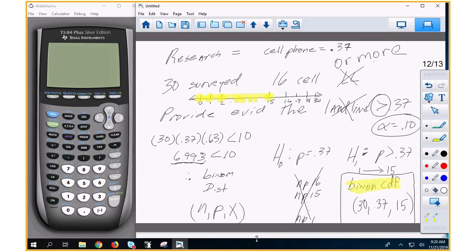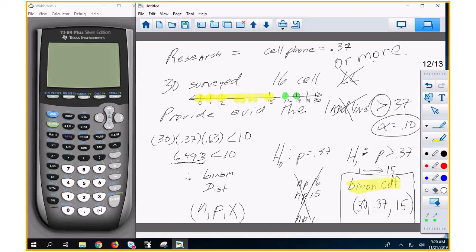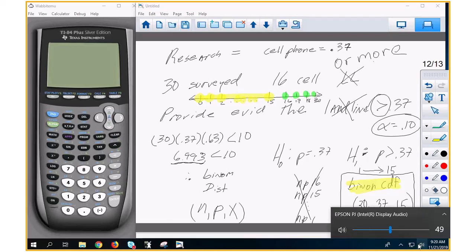Remember the dots, you don't have fractions in there. So if I want 16 or more, what am I going to do when I get this number? Somebody said it a while ago. Find the complement: 1 minus that number.